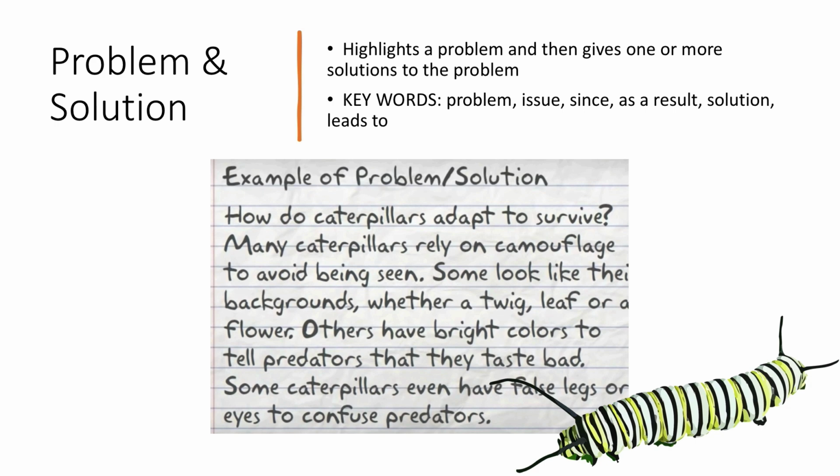Some caterpillars even have false legs or eyes to confuse predators. Okay, so immediately it gave us the problem, and that usually happens in a problem and solution text structure. And then there were several solutions here: camouflage, bright colors to indicate that they taste bad, or false legs or false eyes.